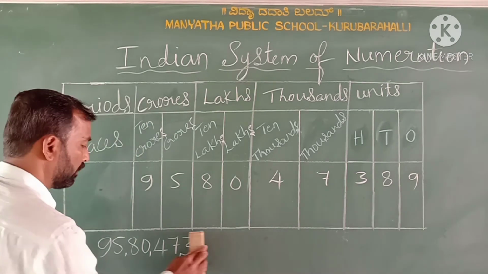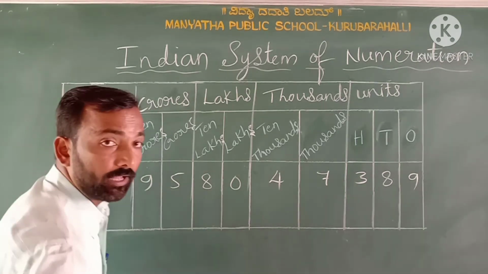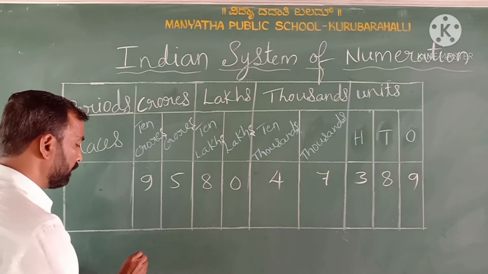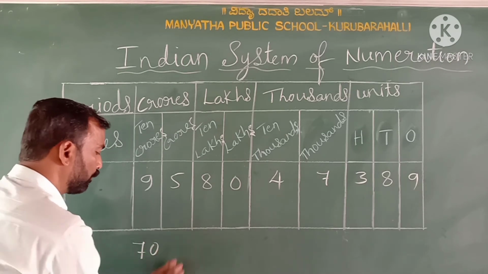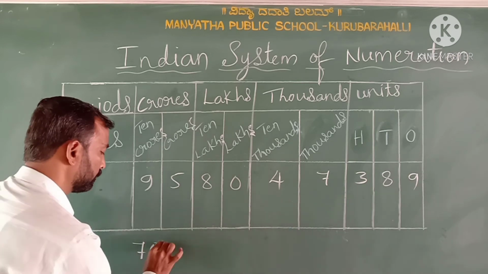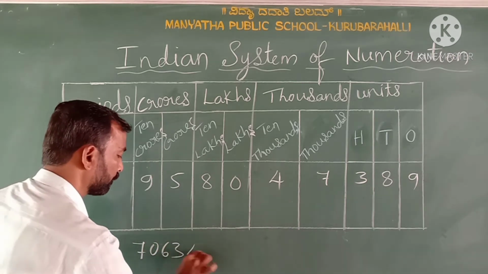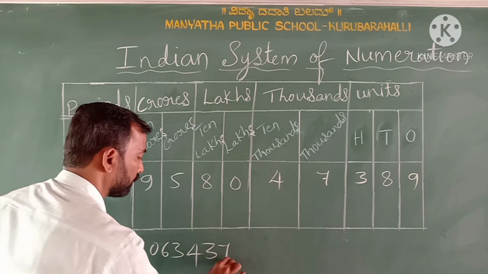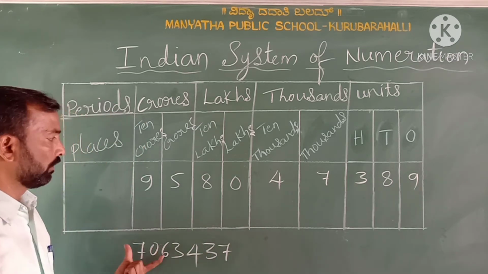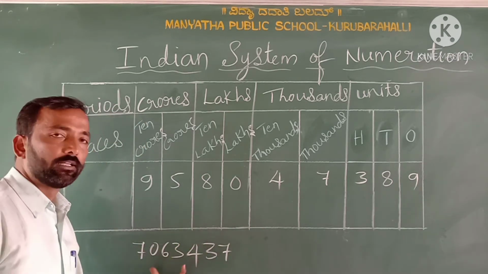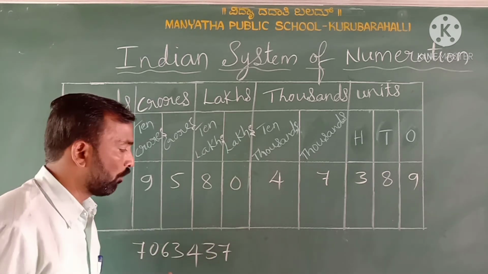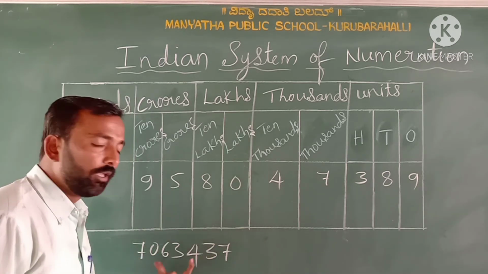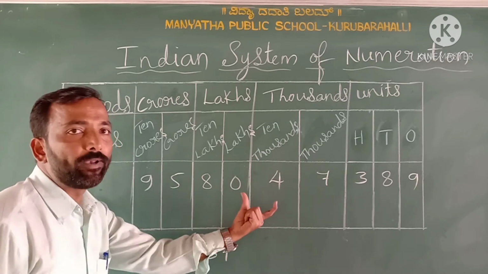One more example. I wrote it here and I am putting it in the place value table. I just write the digits first. Now you put these digits in the place value table.